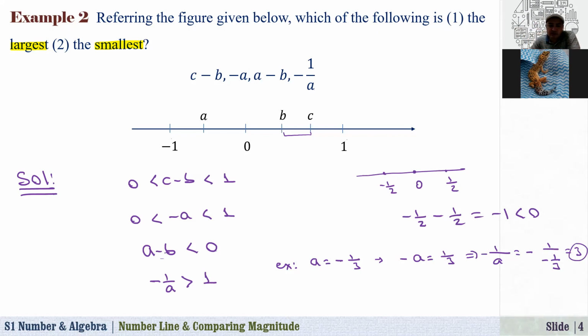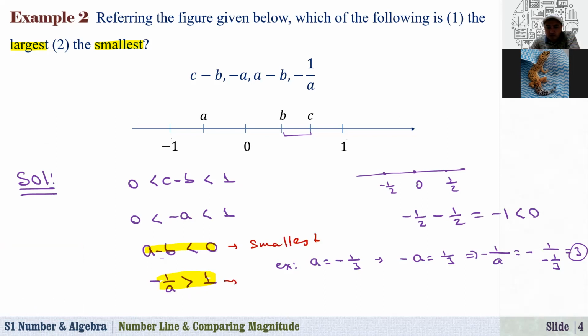So now we can see that C minus B is between 0 and 1, we don't know their exact value, and negative A is between 0 and 1, but A minus B is less than 0, and minus 1 over A is greater than 1. So from here, we can draw a conclusion.